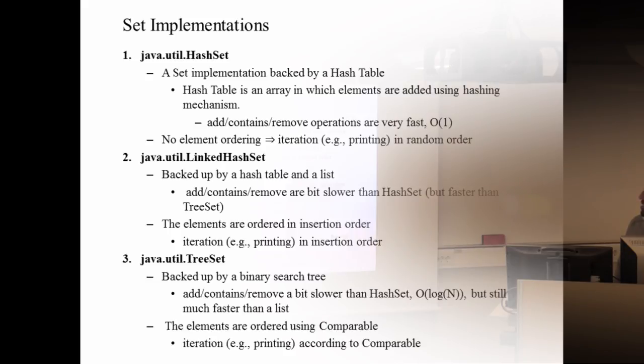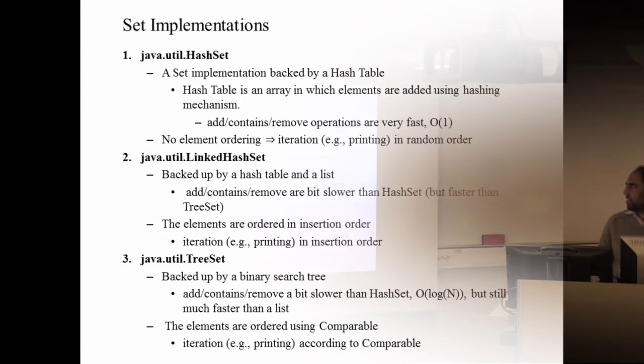The hash set, as the name says, is an implementation that uses a hash table. A hash table is an array in which the elements are added using a hashing function or hashing mechanism. We will look at what the hashing mechanism is in a short while.